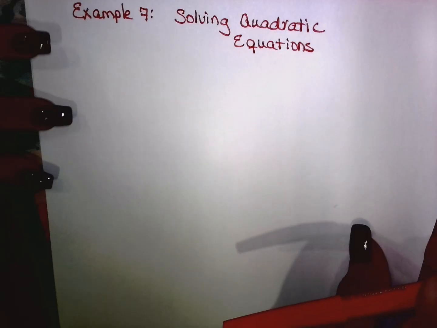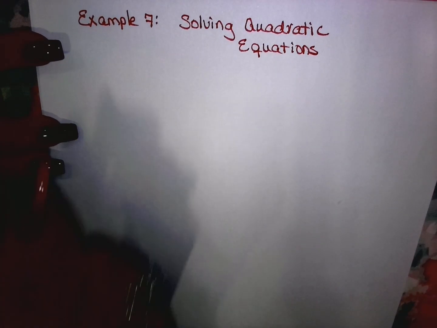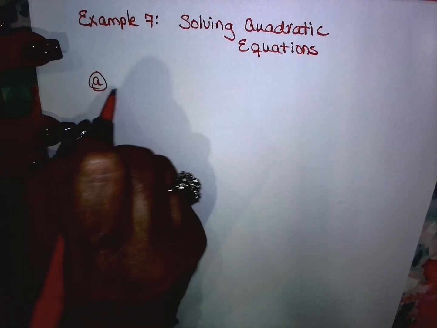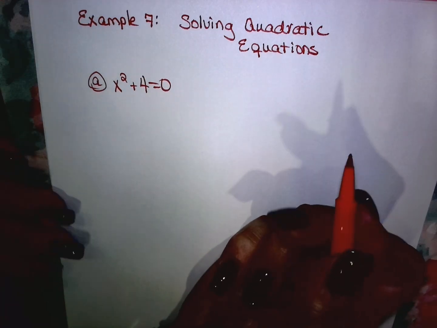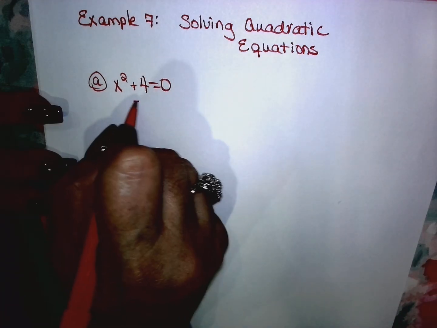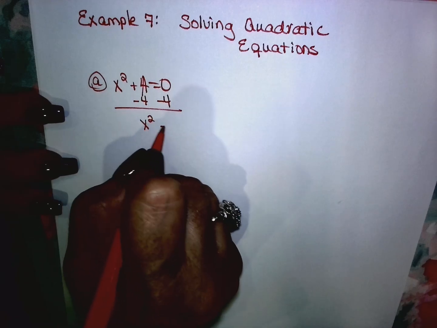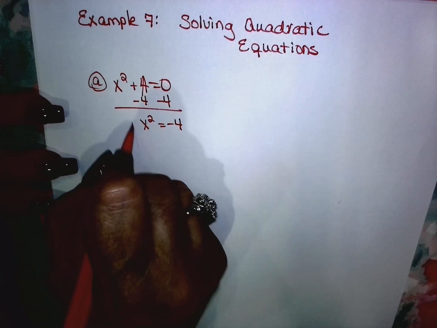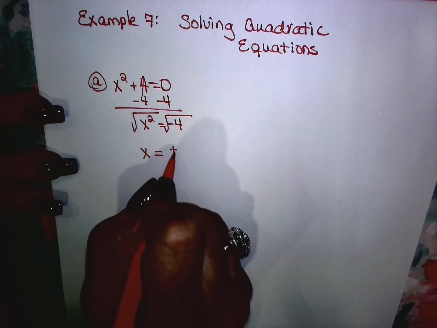All right, solving quadratic equations. I think I already did this one, but we're going to do it anyway. If we had x squared plus 4 equals 0, and I ask you to solve for x, you're going to subtract 4 from both sides. You're going to get x squared equals negative 4. You're going to take the square root of both sides, so x equals plus or minus.